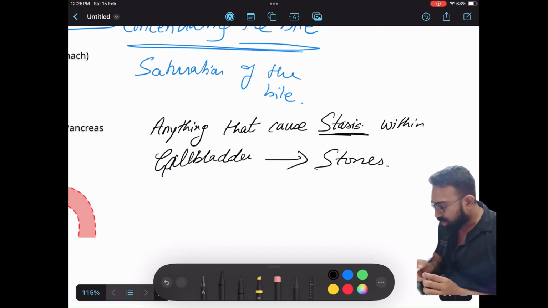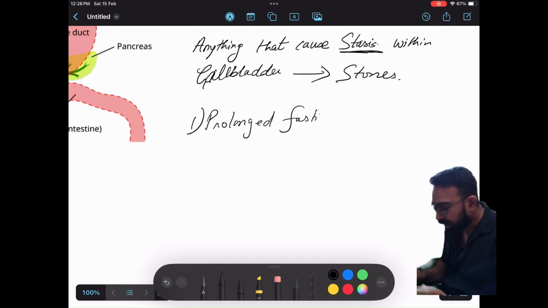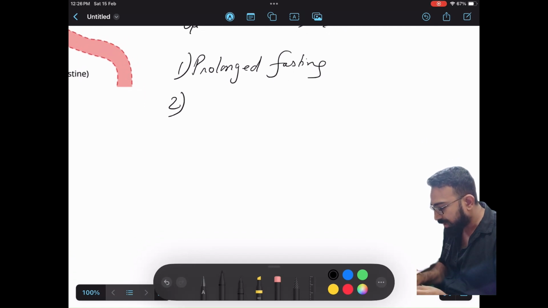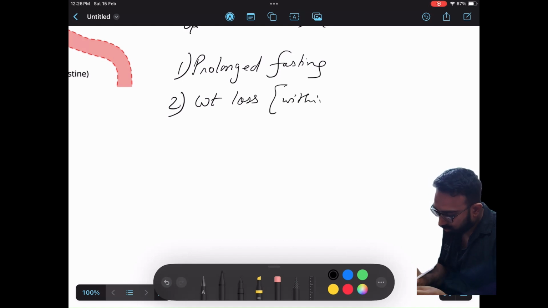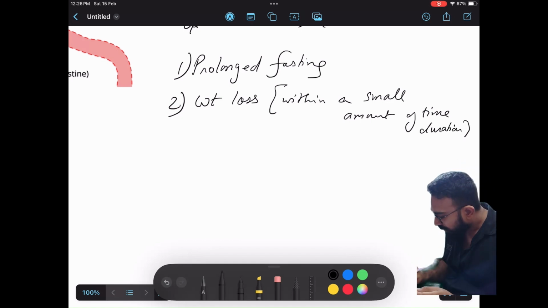One thing is prolonged fasting, like weight loss within a small amount of time. Another thing is hypercholesterolemia.